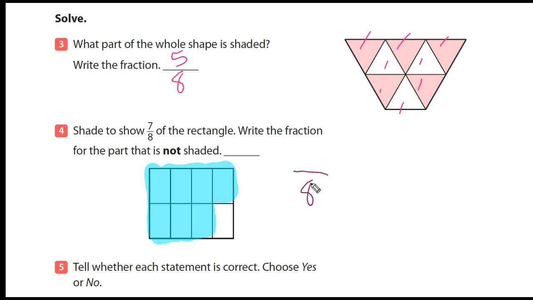How many is not shaded? 1. You already have 7/8. And they just want to know what's the fraction of the part that's not shaded in. The fraction, though. 1/8. Okay, 1/8.